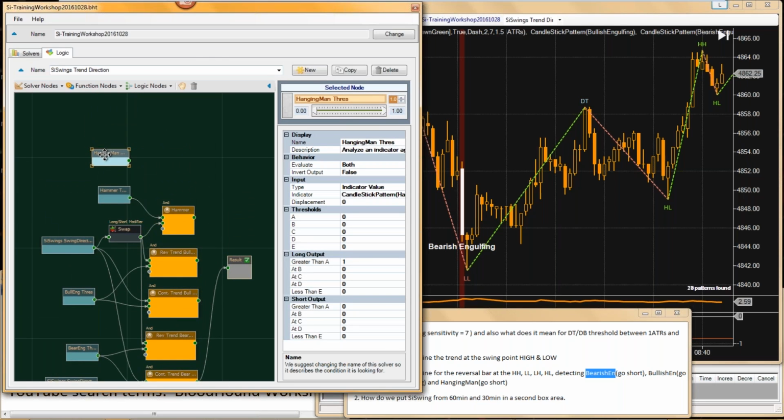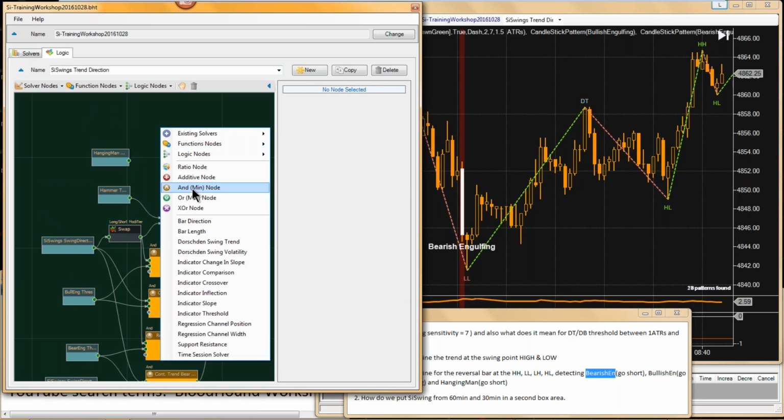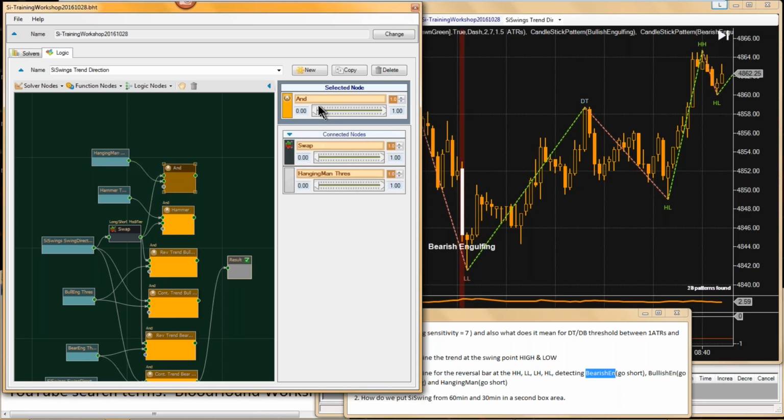And let's grab an AND node. And let's see, we need the trend direction, and then the pattern in here. Like so.